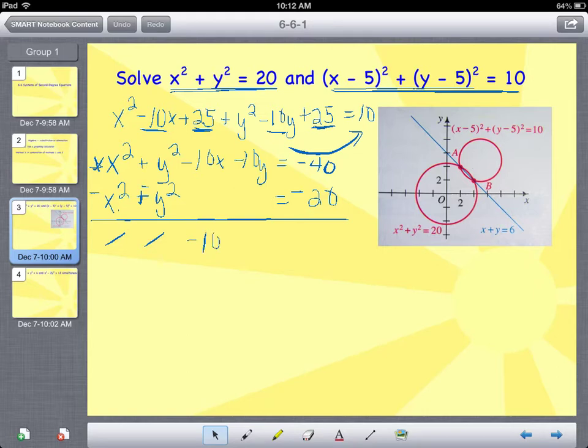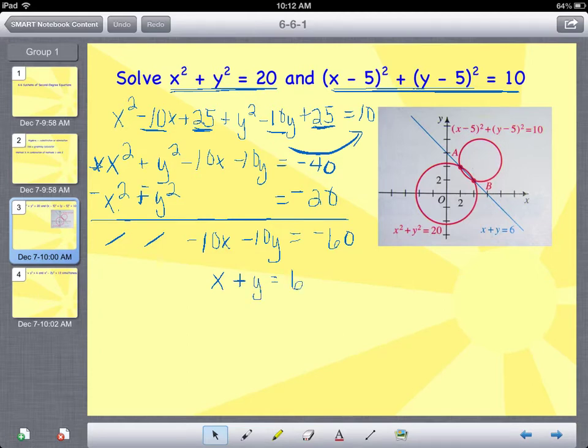I have a negative 10x minus 10y, nothing is being subtracted from them. And then my constants on the right side, I'll get a negative 60. Everything here is divisible by a negative 10, so I'll go ahead and do that. So I have x plus y equals 6.